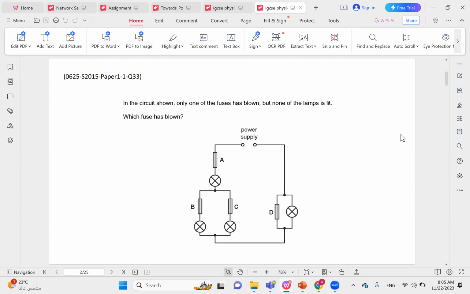Now, if this one blows out, what happens to the current? So let's assume the current is moving in this direction. It doesn't really matter. If this is blown out, there is no path here. There is an open circuit here. So it looks like this.